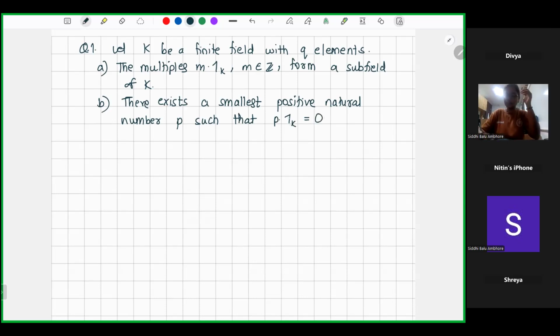This 1_K denotes the multiplicative identity 1 of the field K.